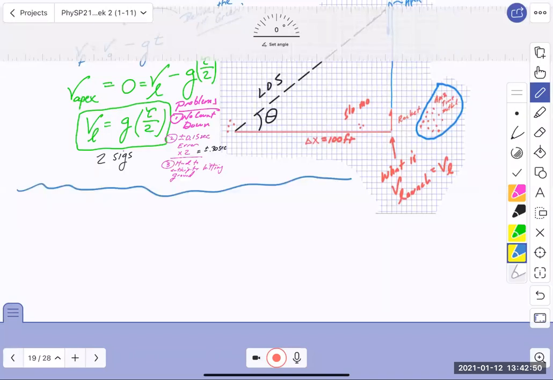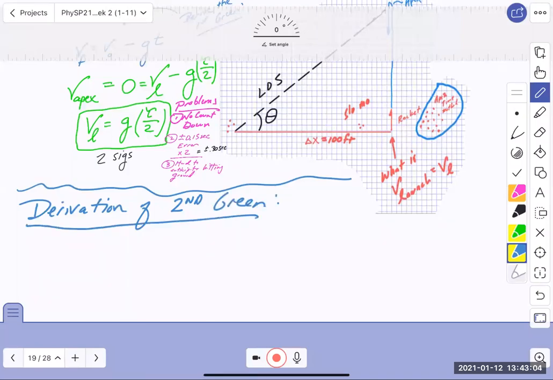So this is the derivation, the one you left in our test. This is the derivation of second green. We start with the third blue: V final y squared equals V naught y squared minus 2g delta y.